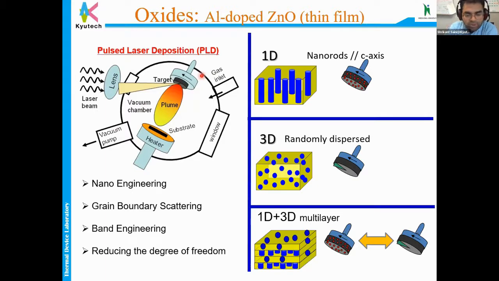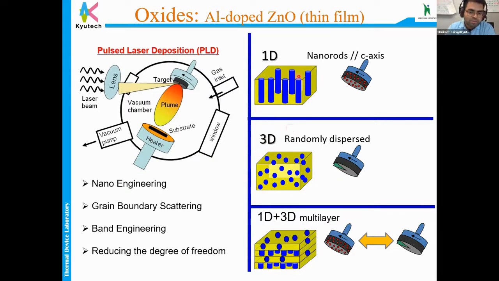As I told you, it's easy to do nano engineering at the nano scale. Suppose you have a target and your target itself has some different material incorporated. You put it here, shine the laser, and you get a better thin film with a different structure. You can even have nano rods or nano dots, and you can make two different materials and combine them to get both at the same time.